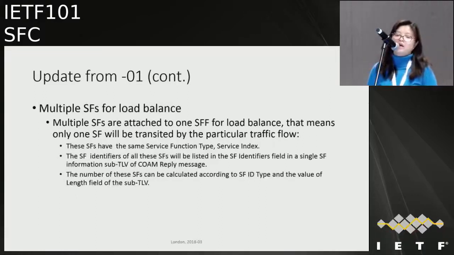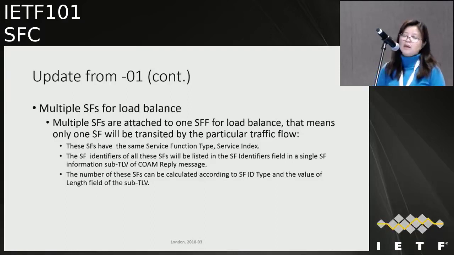Another scenario is a little more complex. These multiple service functions are for load balance. That means these multiple service functions are attached to one SFF for load balance, but only one service function will be transited by particular traffic.